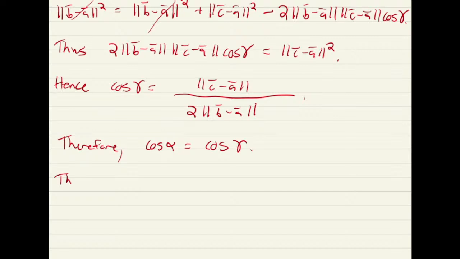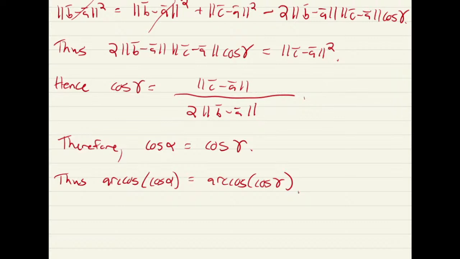Well, I could just say this. This I can do fairly easily. I can just take arc cosine of both sides. Isn't that the natural thing to do? Try to get these cosines to go away. Well, we can take arc cosine of both sides.